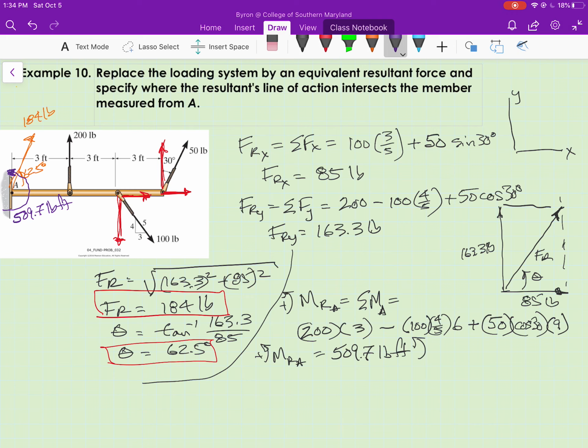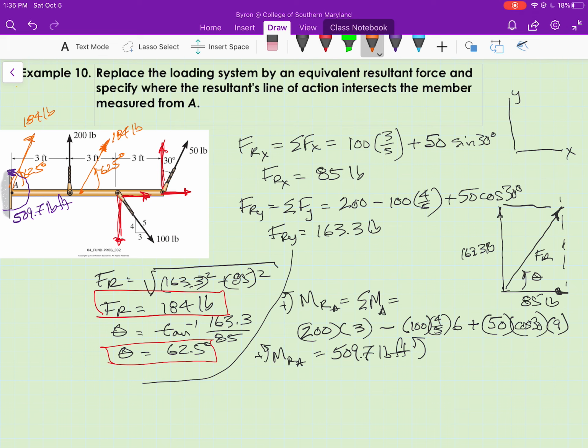So in other words, we can put the resultant force somewhere along the beam, and let me just draw that. I know about where it's going to be, and we'll call that distance D. So we'll just put it out here, and note that it's still 184 pounds, and it's still acting at that 62.5 degrees.